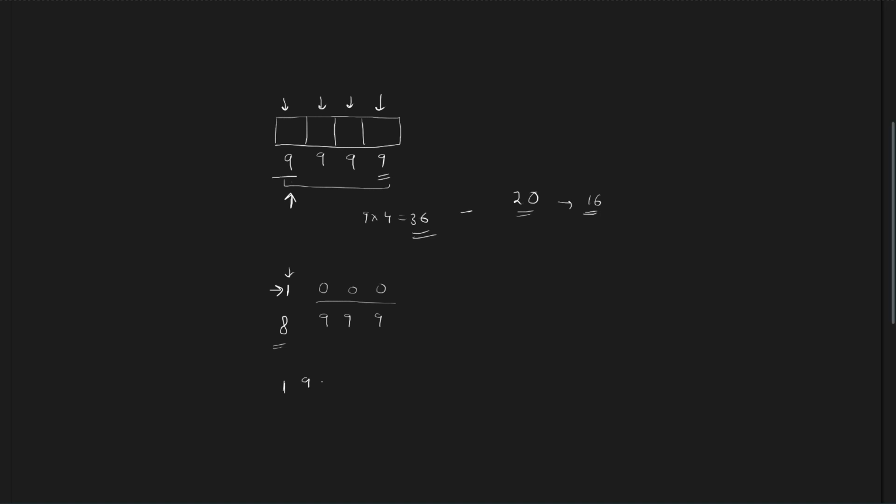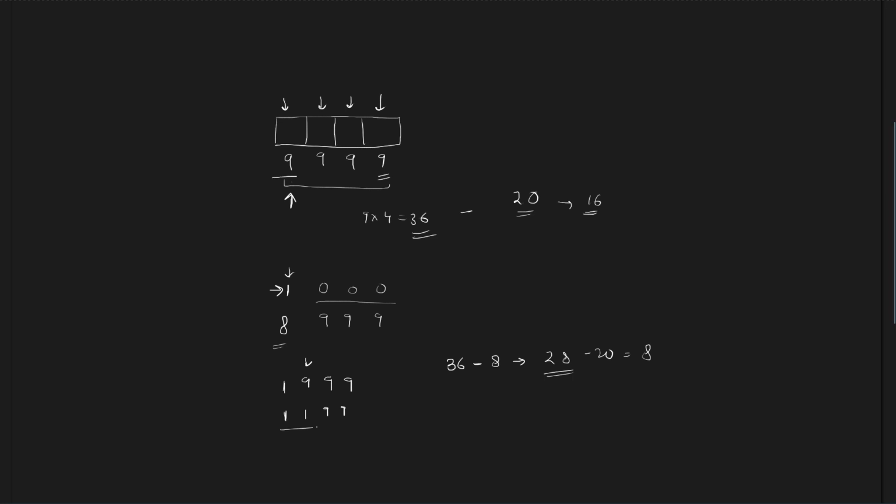So 36 minus 8 is 28. Now my current sum is 28 and I want to make it 20, so I will have to subtract 8 from it. I can subtract 8 from the second digit, and it will become 1199.